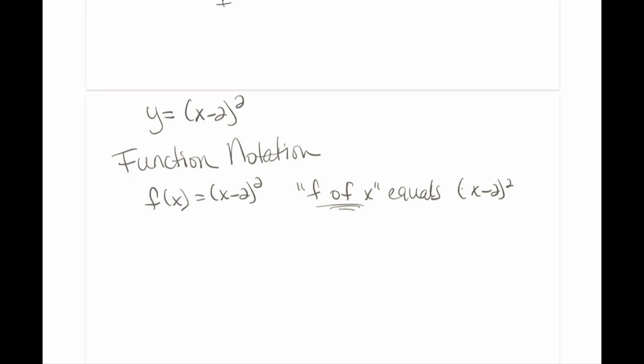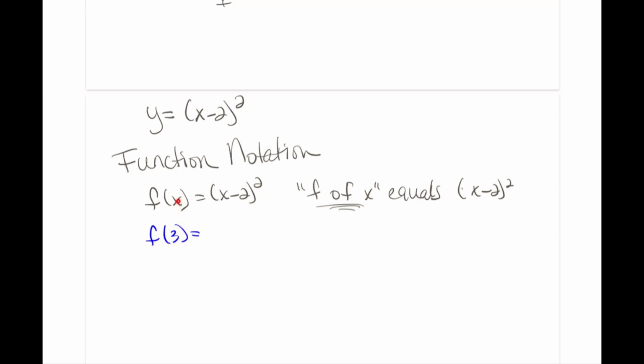So this is great when it comes to us looking at inputs and outputs, because let's say I wanted to find f of 3, and I want to know what f of 3 equals. When we're evaluating these functions, the function is f of x equals (x minus 2) squared. But now I want to evaluate that function with this 3.